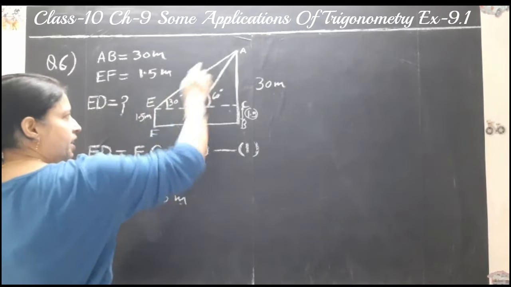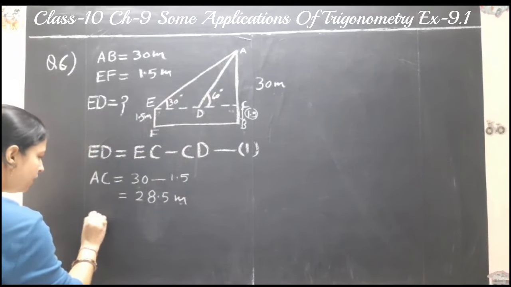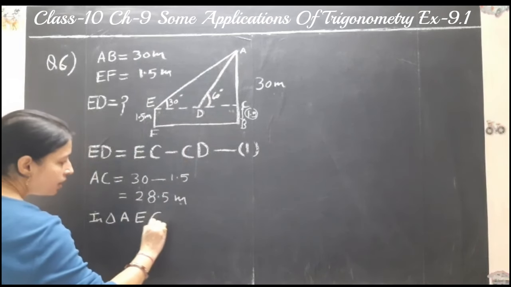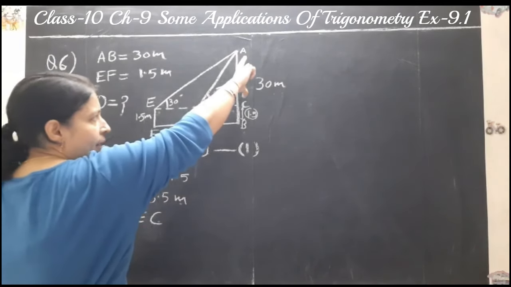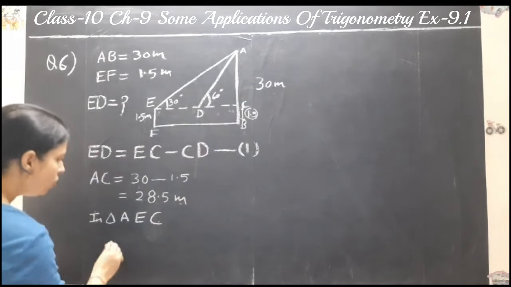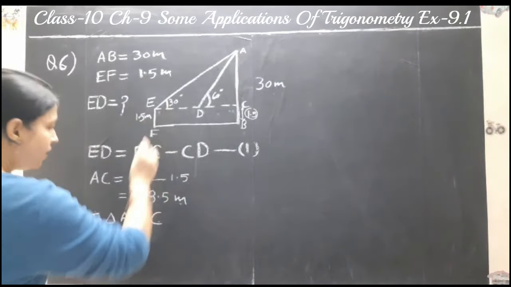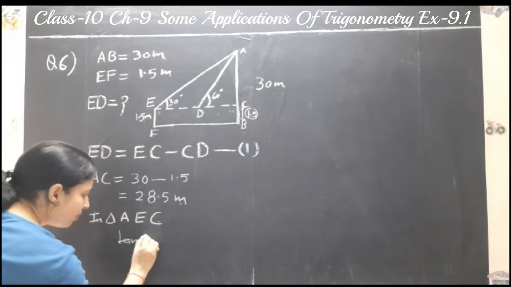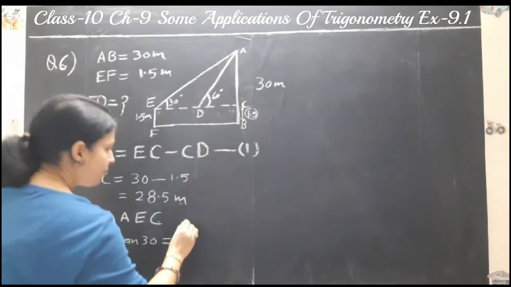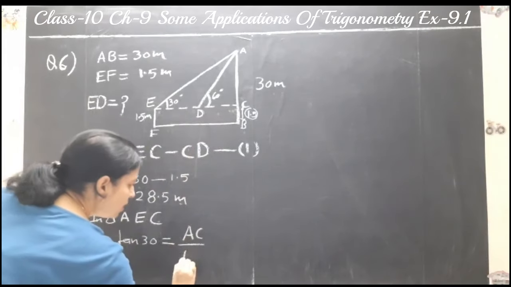So in this triangle AEC, the perpendicular distance is given and we have to find out the base. So which formula? Yes, the trigonometric ratio tan theta. So tan theta is equal to the perpendicular distance, this means AC, divided by EC.